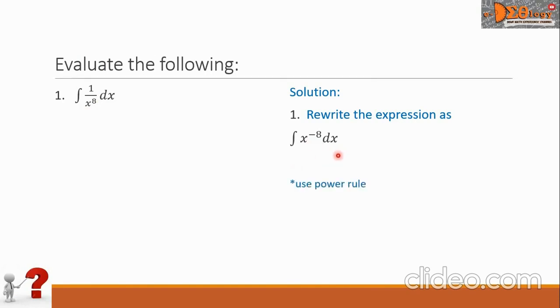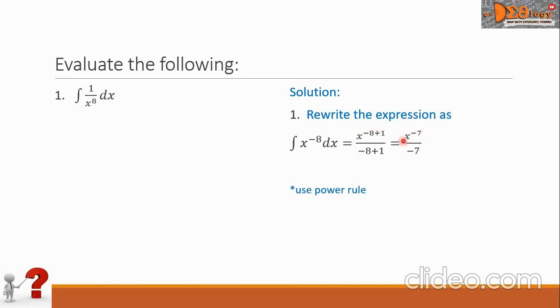From here, we're going to use the power rule. This is now equal to x raised to negative 8 plus 1, all over the denominator negative 8 plus 1. Simplifying our exponent, negative 8 plus 1 is negative 7.